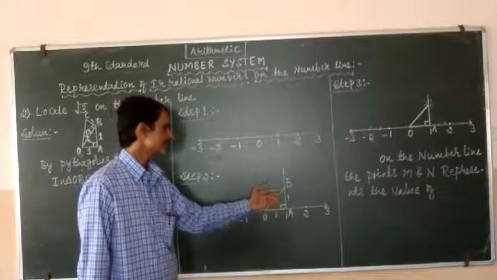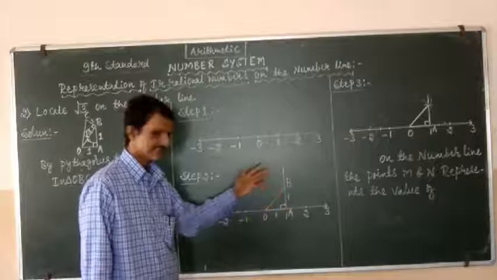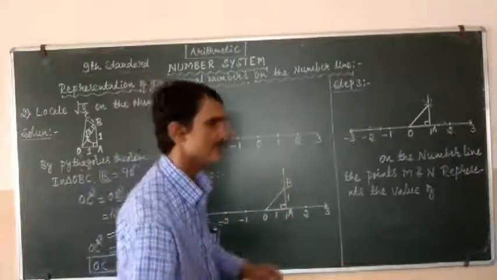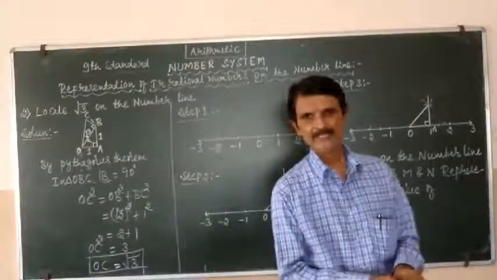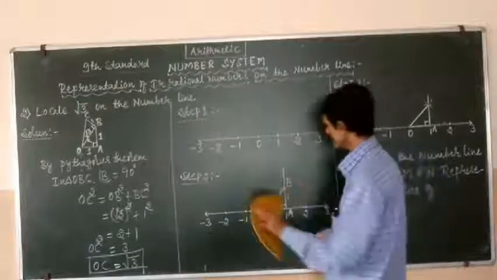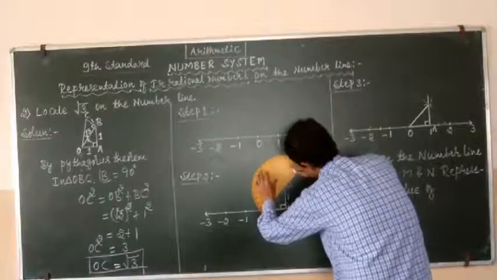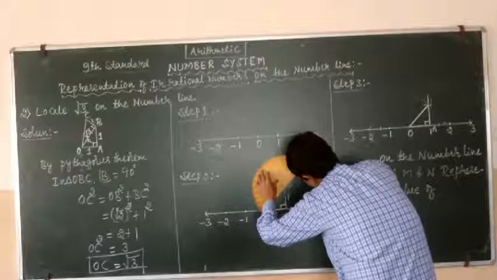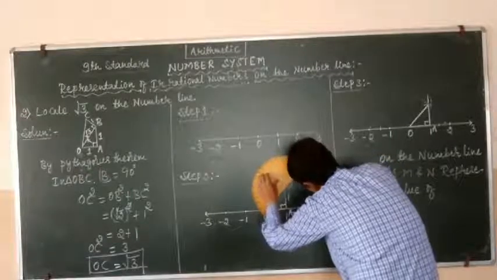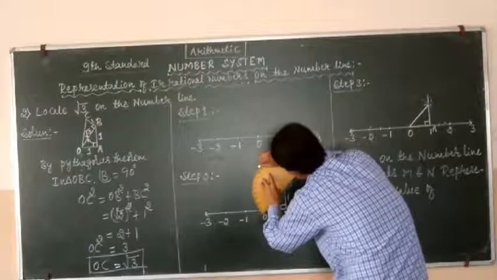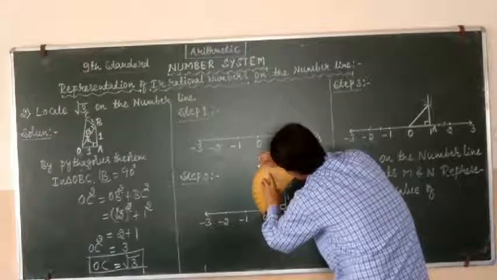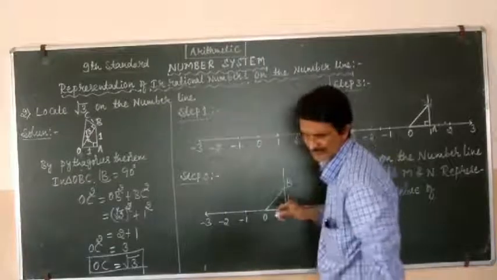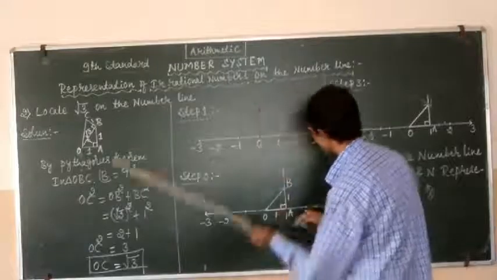Next we have to extend this with the point B. With the point B again, we have to construct a 90-degree angle.